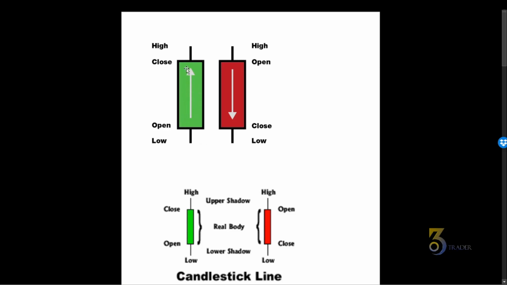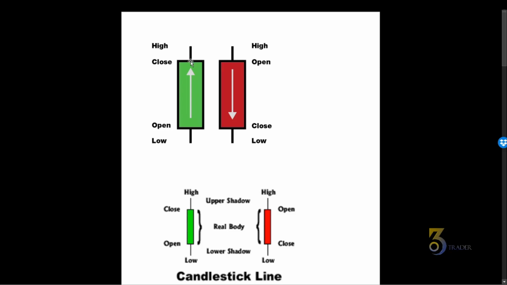Well, we know the body of the candle is the distance between the open and the close. However, that doesn't mean price didn't trade outside of that range for that, let's say this is an hour, for that hour. The wick here means price actually went down this low. So it opened here, and sometime during that hour, it traded down this low. However, it went back up, traded as high as this wick.